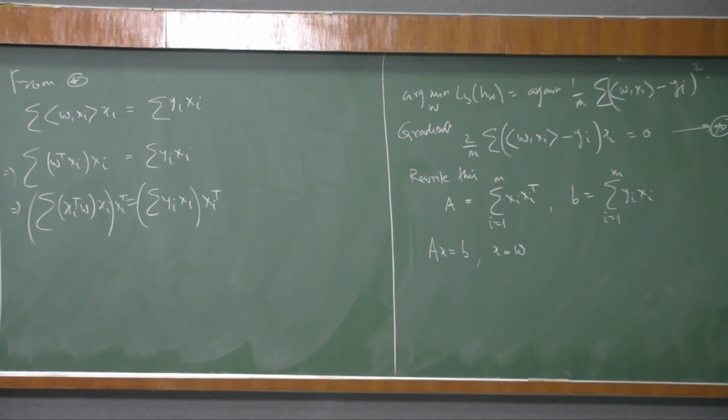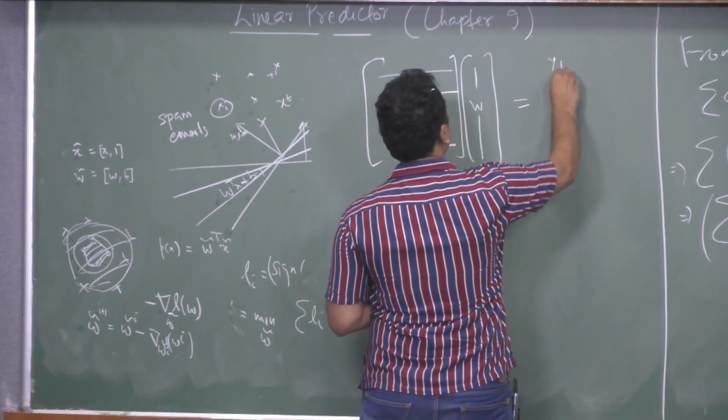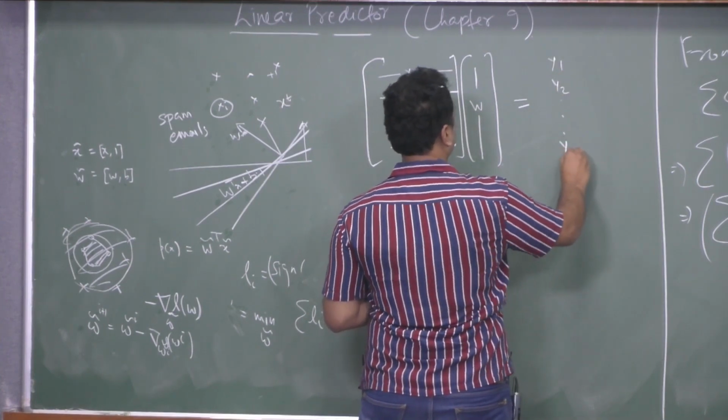This is my x1, this is my x2, and this is my xm. This is how it is in terms of a matrix. And what we want is y1, y2, ym.